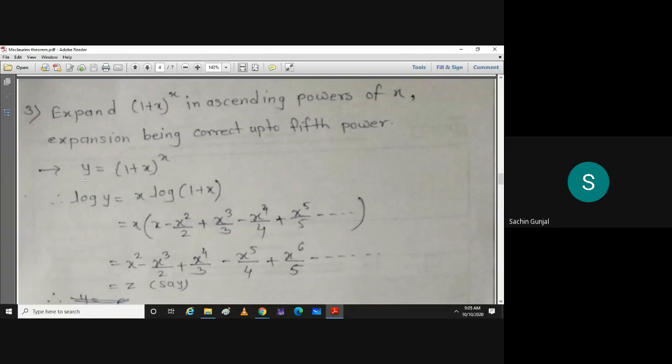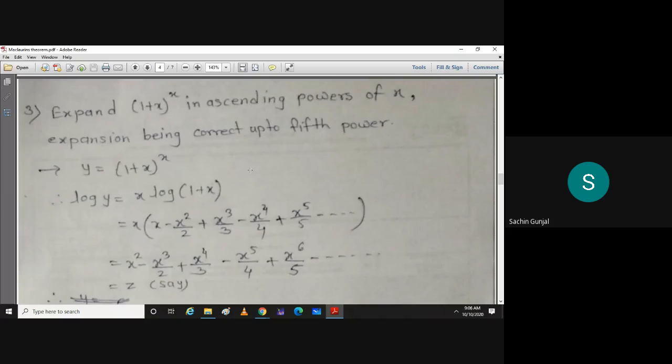Apply log on both sides. So log y equal to x into log of 1 plus x. So you know series expansion of log of 1 plus x, that is x minus x square by 2 plus x cube by 3 minus x raised to 4 by 4 plus x raised to 5 by 5 and so on. Okay. Now you have asked to find out up to fifth power of x.